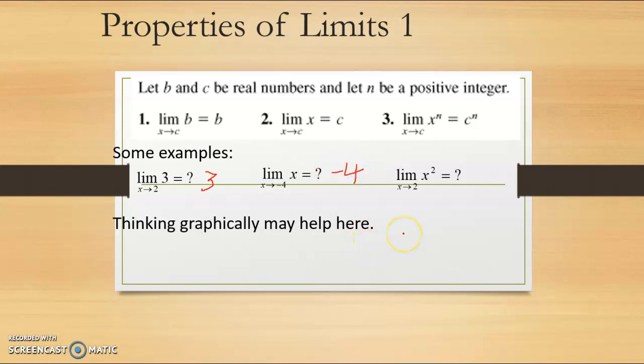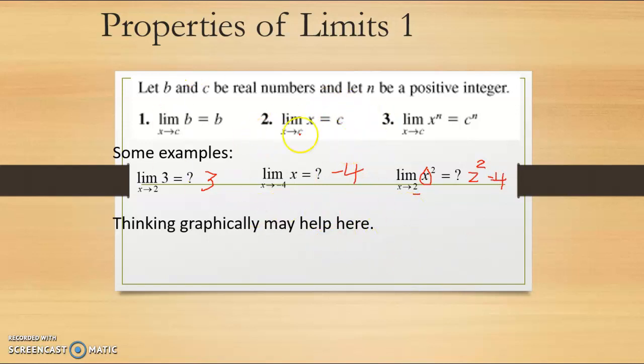If it is a power function, x squared, just replace x with the limit value 2. So this turns out to be 2 to the power of 2, equal to 4. These are some of the basic properties of limits.